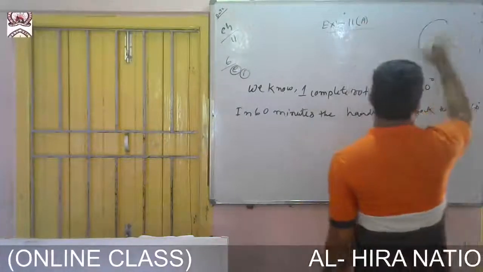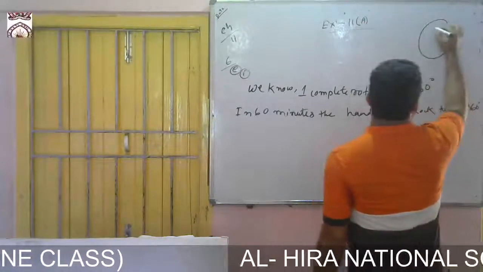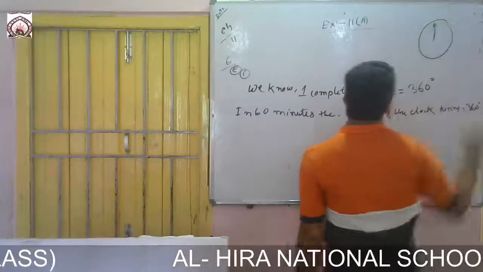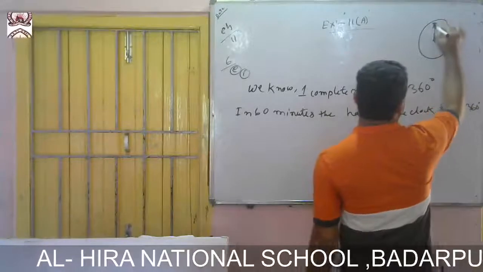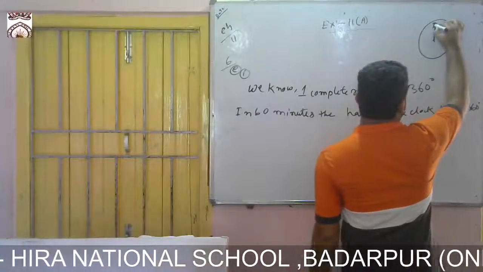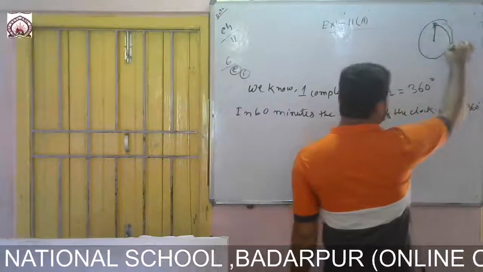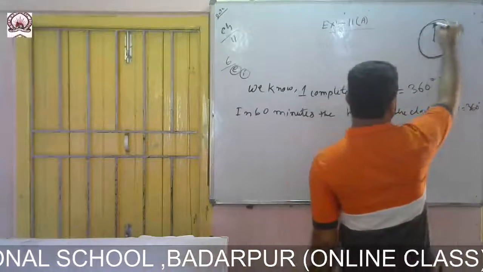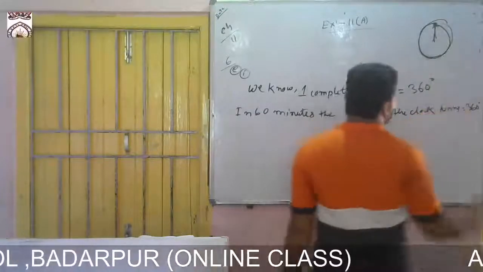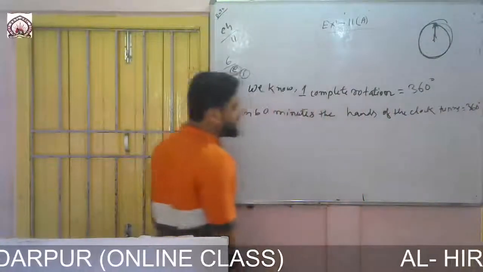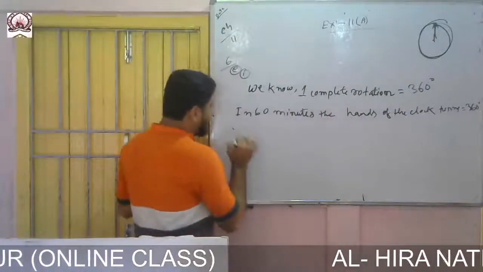Why? Because if I draw a clock, suppose the minute hand is at 12. If it rotates like this for 60 minutes, then it will come to 12 again. So one complete rotation is 60 minutes, 360 degree.